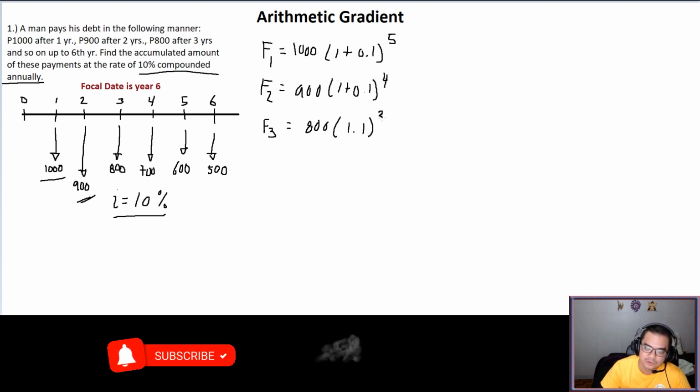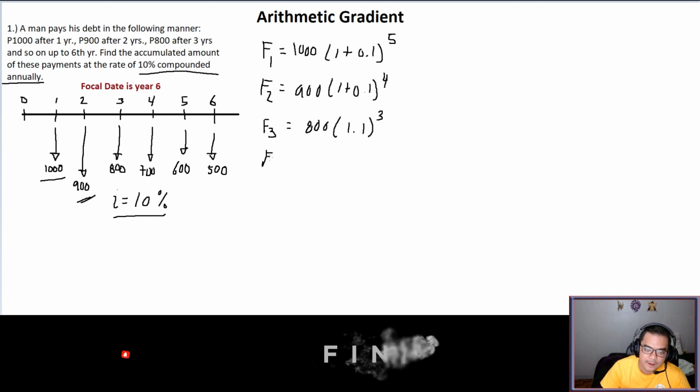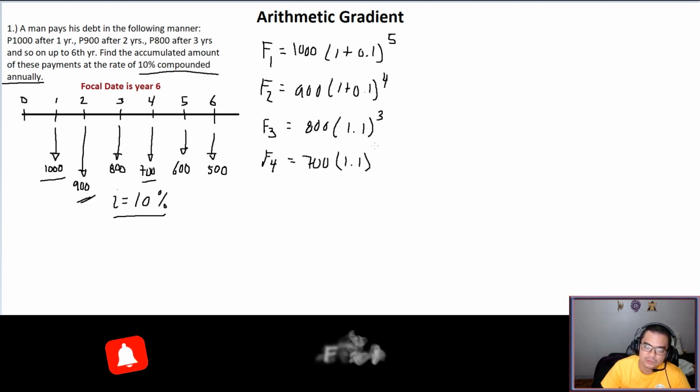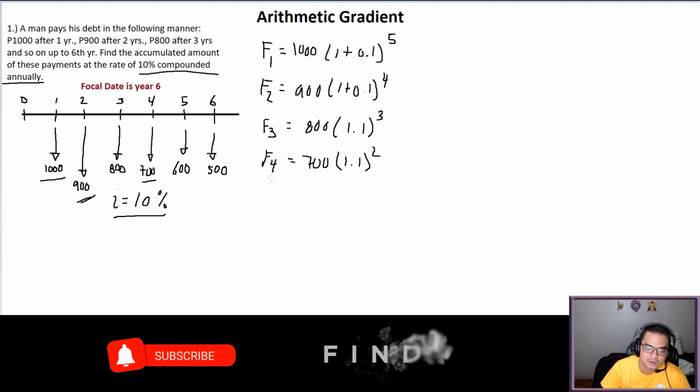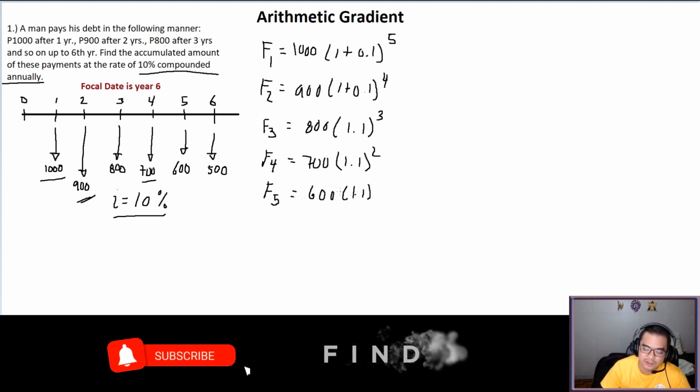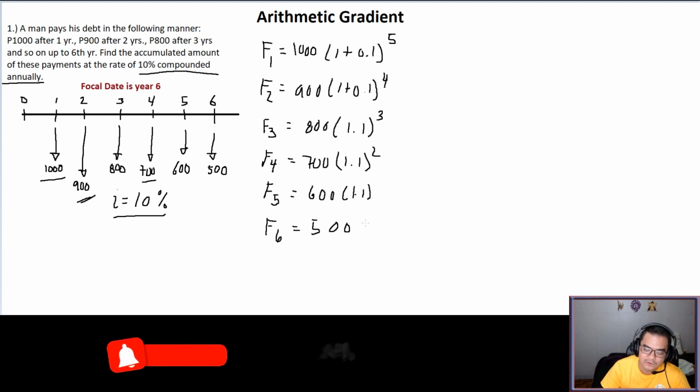So this is raised to 3. Then F4 is 700 times 1.1 raised to 2. Then F5 is equal to 600 times 1.1 raised to 1. I won't write that anymore. And then F6, since F6 is already at the 6th year, is just 500.